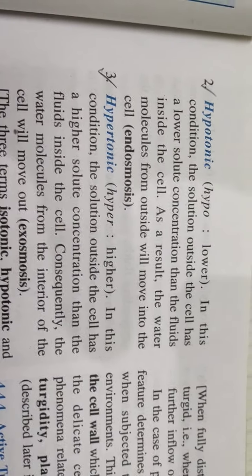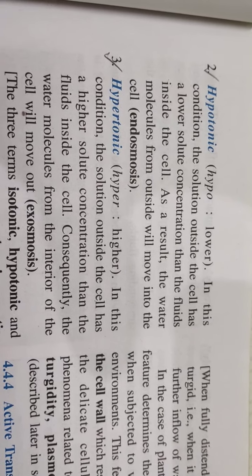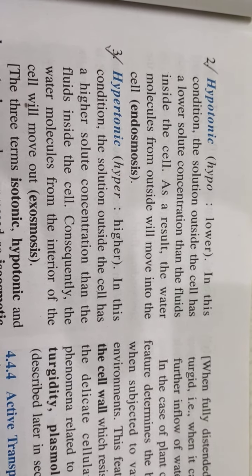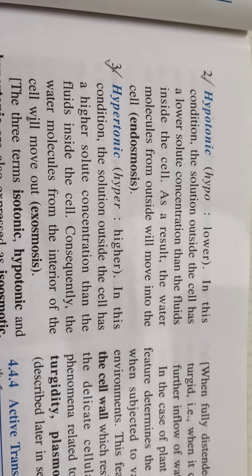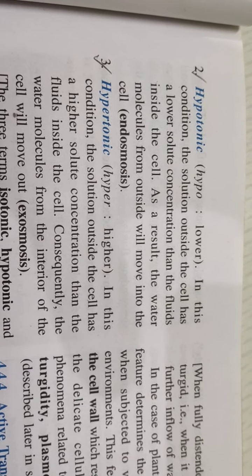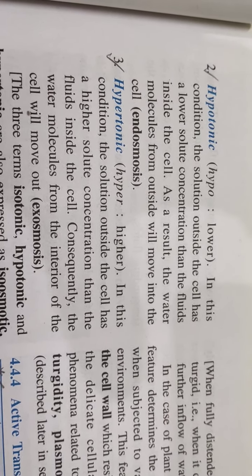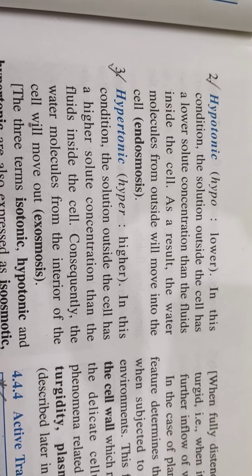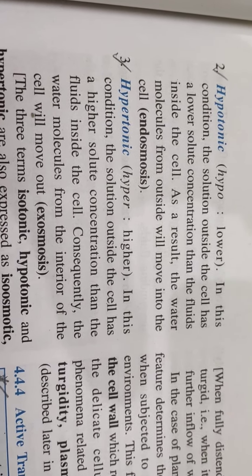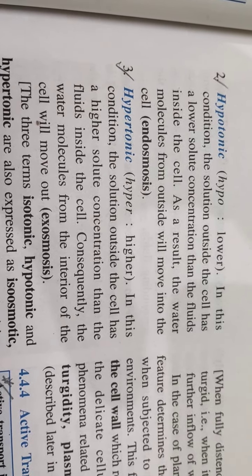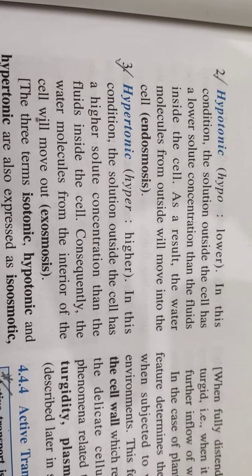Next is hypotonic. In this condition, the solution outside the cell has a lower solute concentration than the fluids inside the cell. As a result, the water molecules from outside will move into the cell. That means endosmosis.